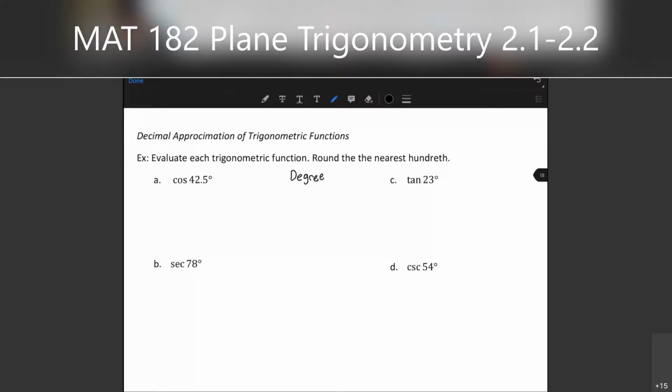Yeah, so question about putting it in degree mode. It depends on what calculator you have. If you have a TI 84, there should be a mode button on the top of your calculator. If you have a Casio, it'll be a little bit different. I can definitely walk you through it.